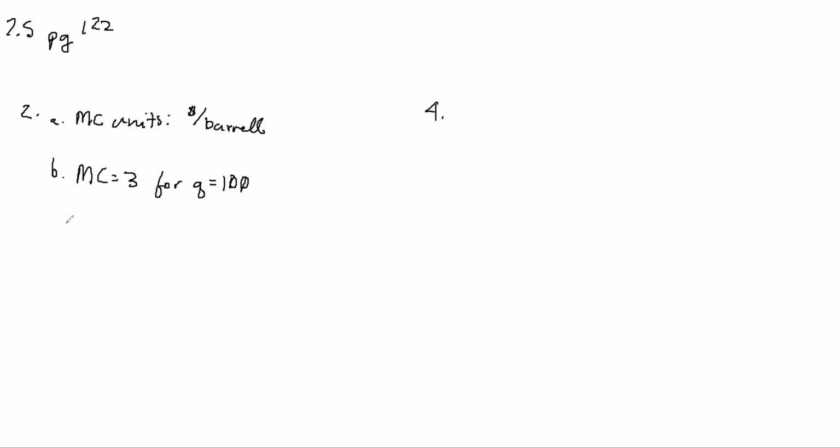And just to make this explicitly clear, that means that C prime of Q is equal to the marginal cost. So how it's changing at the point Q equal to 100 is given by C prime of Q and by marginal cost, because they're one and the same.